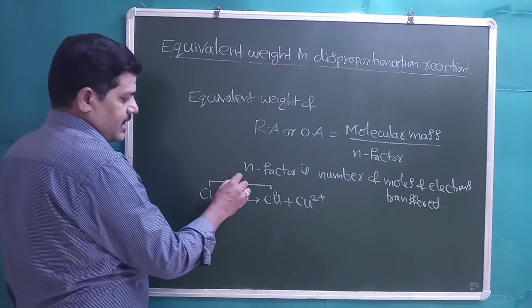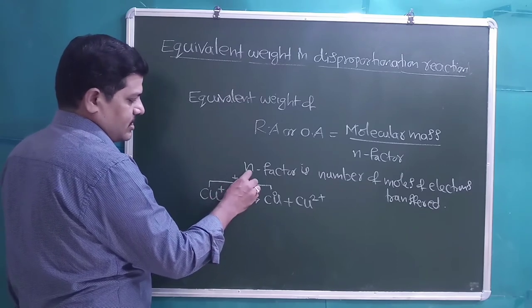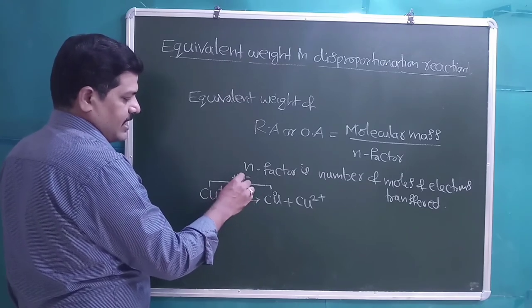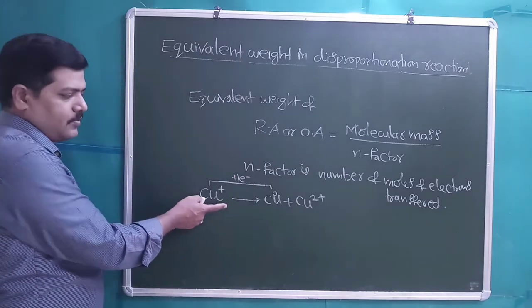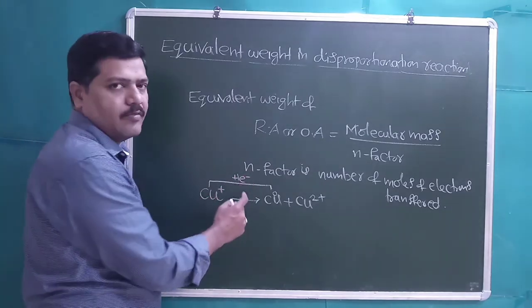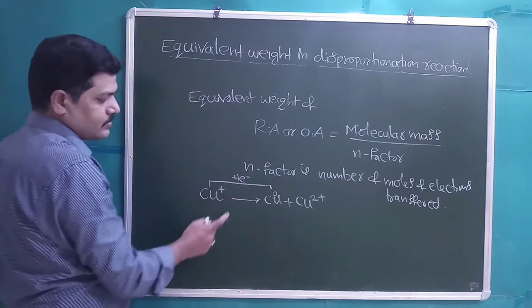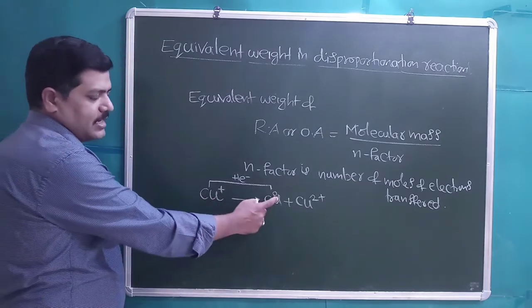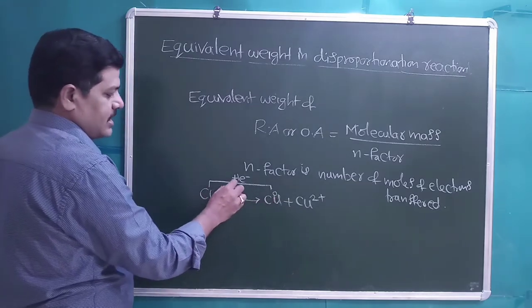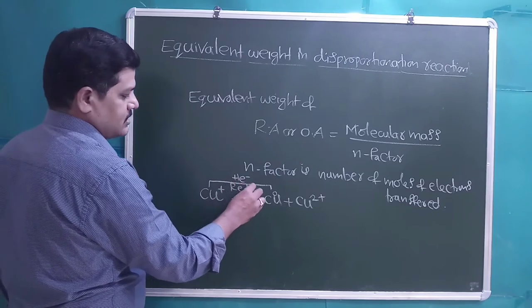That is, it is gaining 1 electron to convert into Cu0. If it is 1 mole of Cu+, it needs 1 mole of electrons. Decrease in oxidation number is called reduction.